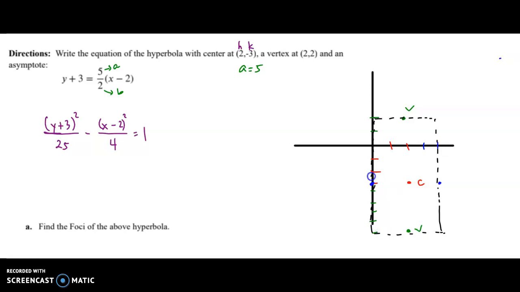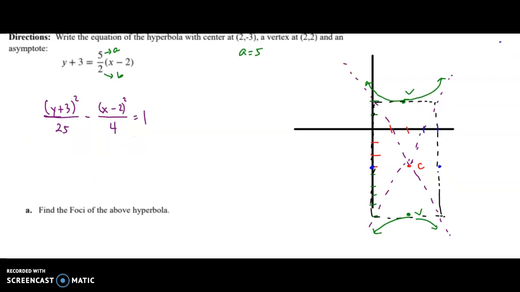And then again, the diagonals of the rectangle are going to be the asymptotes. So there it is. So now we can draw the curves within the asymptotes.